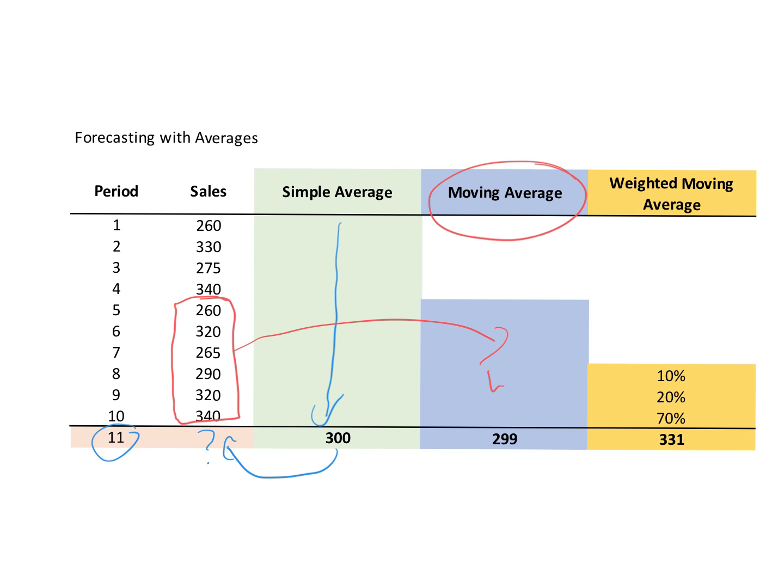Okay, so 299 is what we come up with. If we add all of those together and we divide by 6, we're going to get 299. Very close to the simple average. And all that moving does is ignore a little bit of the earlier data, right? You're choosing new data.